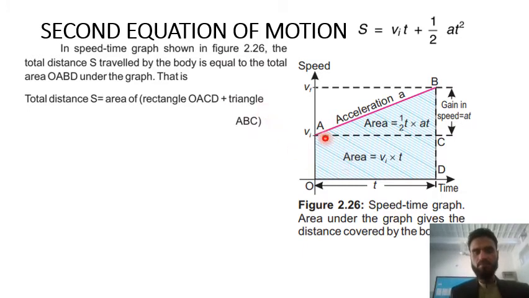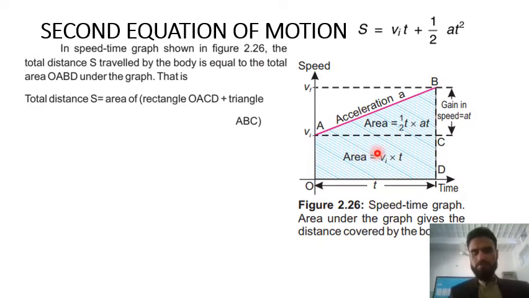Now we already know the formula to find the area of a triangle. For the rectangle, if we multiply this length with this length, or this length with this length, both are the same, it will give us the area of this rectangle.